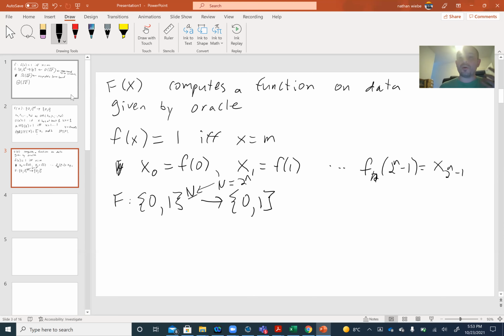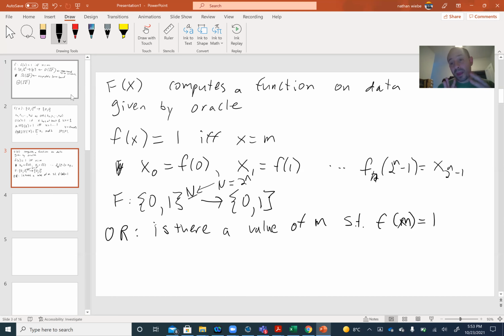So for example, going back to the search problem again, let's look at OR. Asking how many times we need to query to compute OR on data provided by the oracle is equivalent to asking: is there a value of m such that f(m) equals 1?